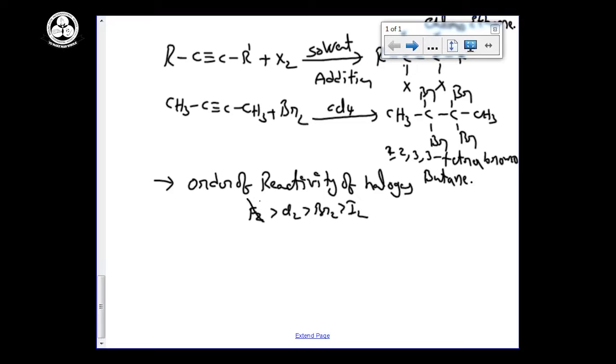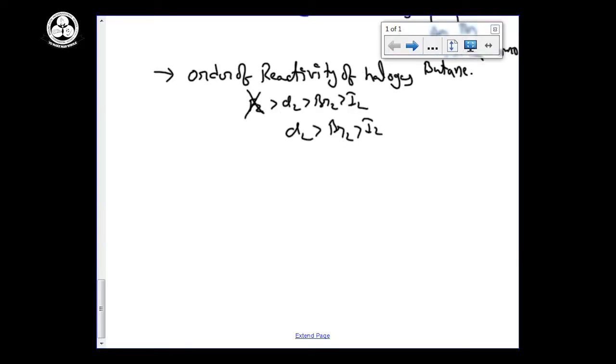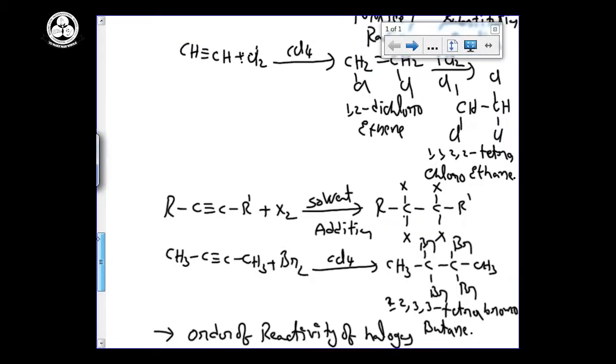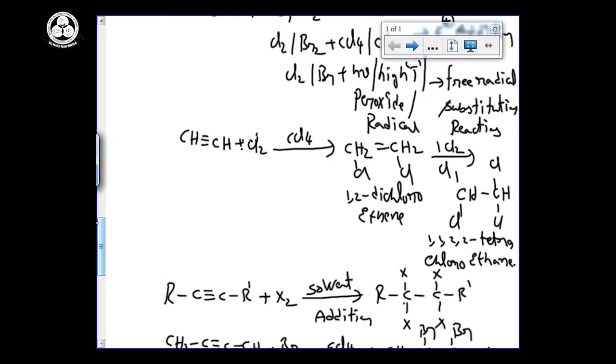Already I told you many times, fluorination we cannot take. Now the order of halogenation is first chlorination, bromination and iodination. In organic chemistry, wherever you use halogenation, we get chlorination or bromination reactions only. See the 1,1,2,2-tetrachloroethane, another name for this one is called Westron.